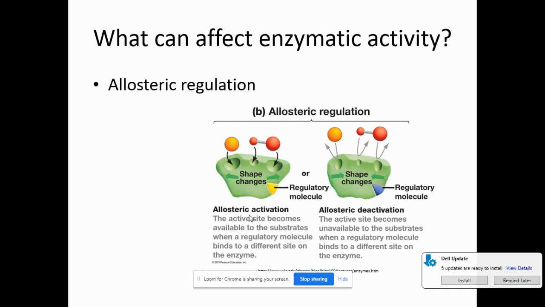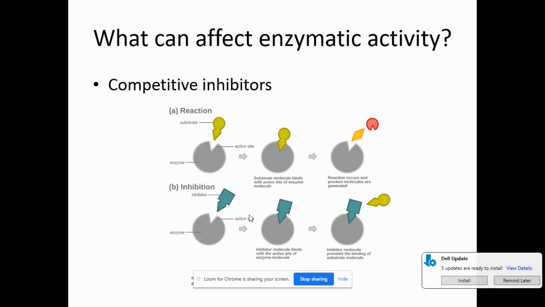So when a regulatory molecule comes in and the active site becomes unavailable to the substrate, when that regulatory molecule binds, then that's an idea of allosteric deactivation. All right, and so competitive inhibitors is an example of allosteric deactivation. All right, so competitive inhibitors compete with the substrate for access to the enzyme's active site.